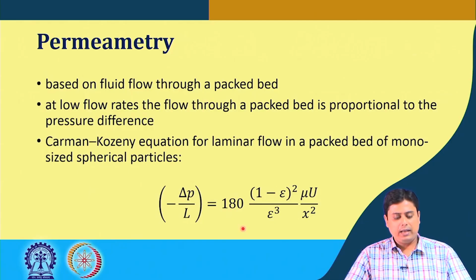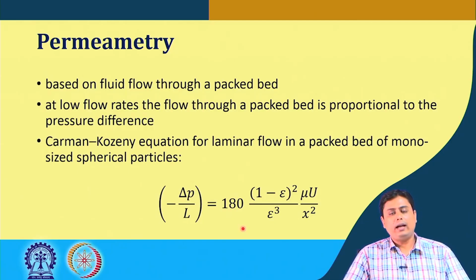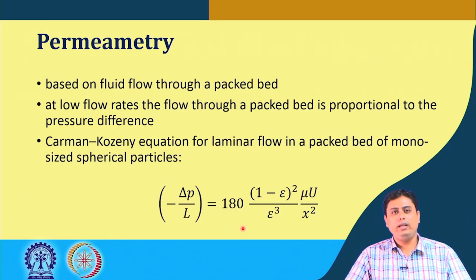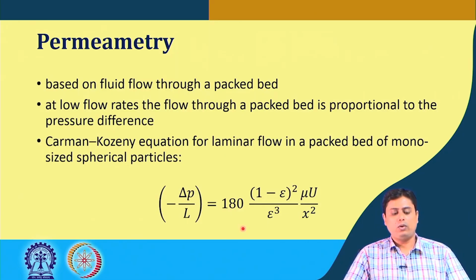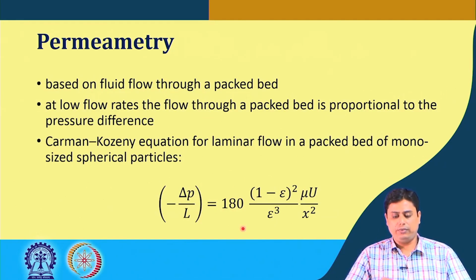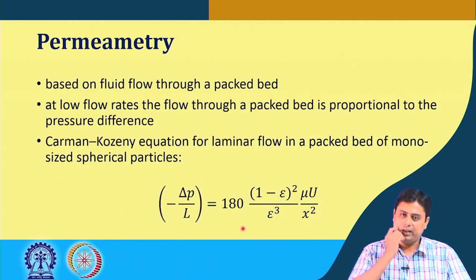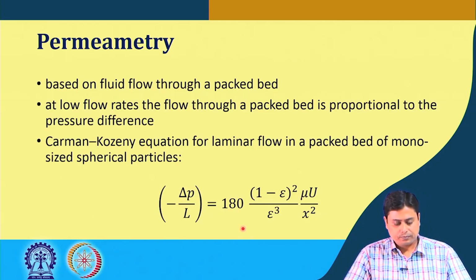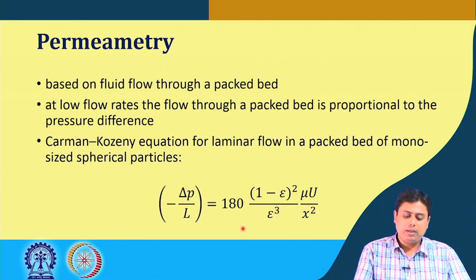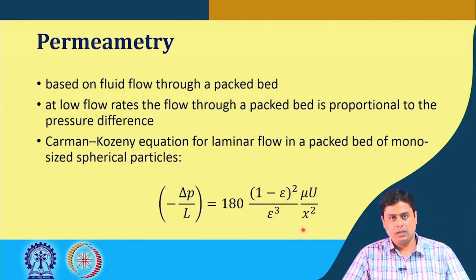So, what happens here is that we simplify the Ergun equation by assuming that the flow is happening at a very low flow rate. At low flow rate, the flow through the packed bed is basically proportional to the pressure gradient across the length. So, the typical Kozeny-Carman equation for laminar flow in a packed bed of mono-sized spherical particles is what I have written here.